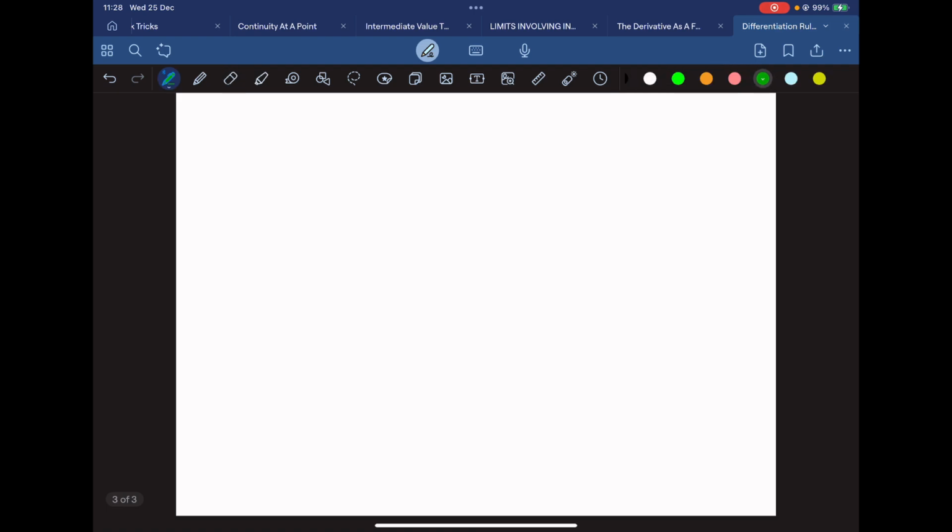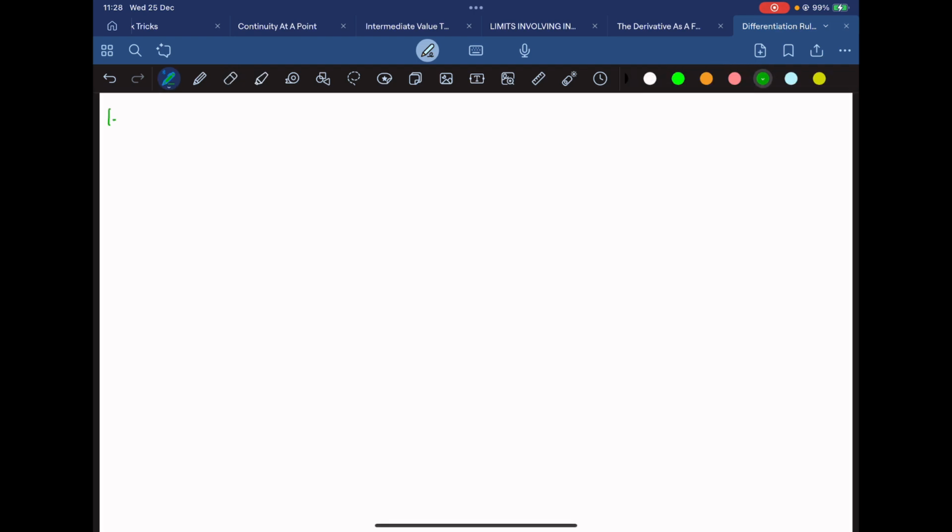Now, the first example that we are going to consider is we are to differentiate the following. So we have a, -6, b, x cubed, c, x to the power -4/3, d, you have x to the exponent of √2, and e is 3x squared.